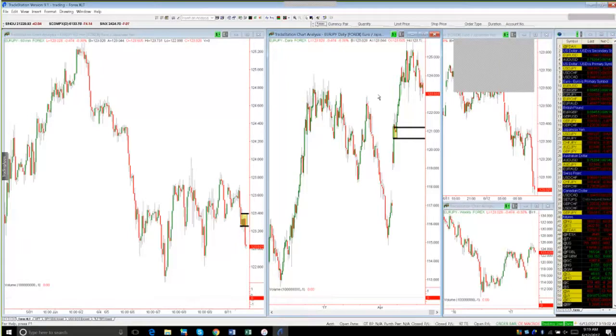And there's that one. There's the demand zone below, there's the supply zone above. Okay, and it's totally fine to do that.